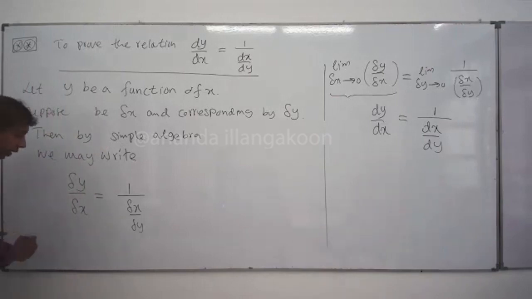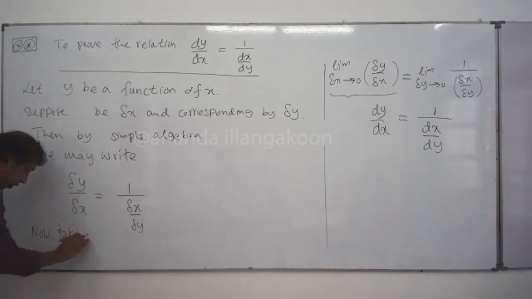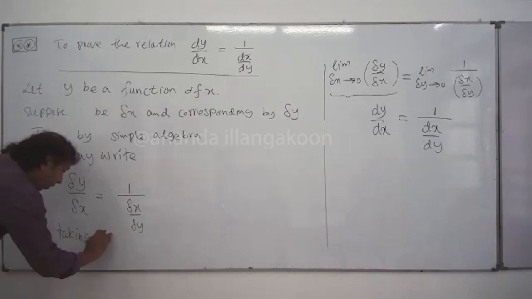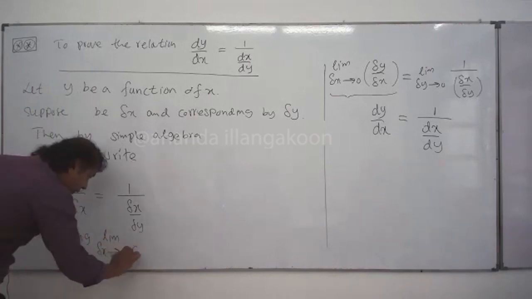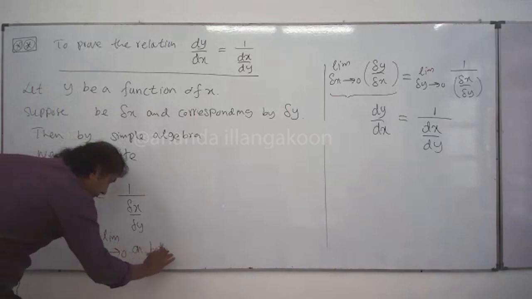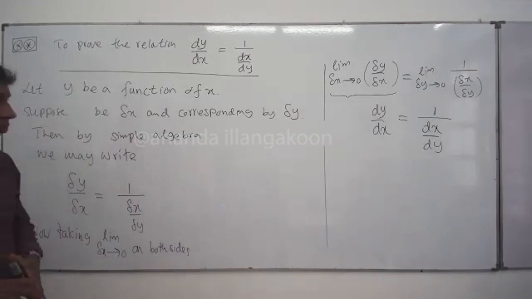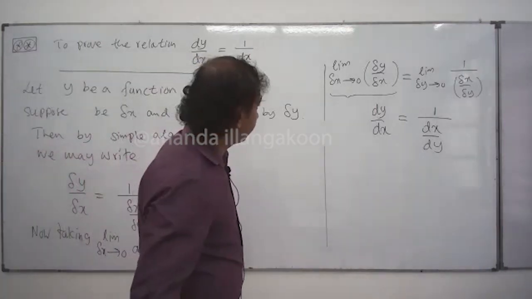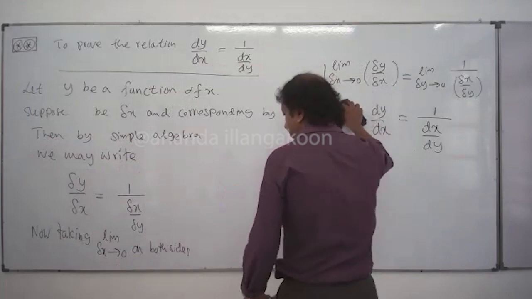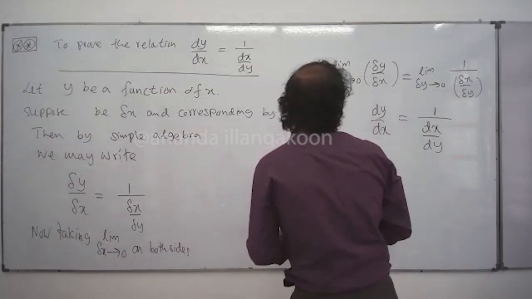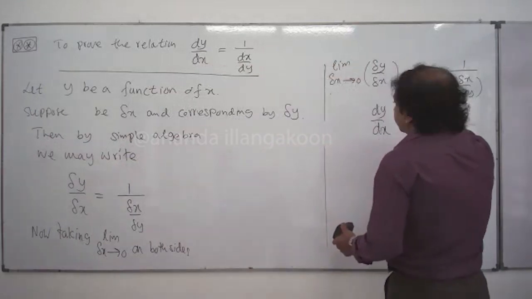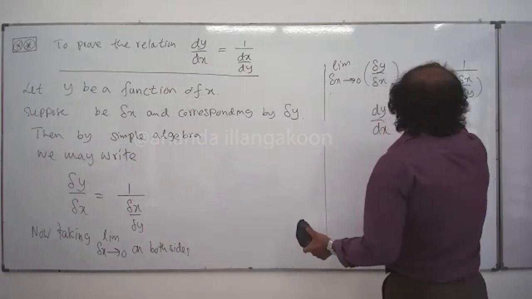Now taking the limit delta x going to 0 on both sides.